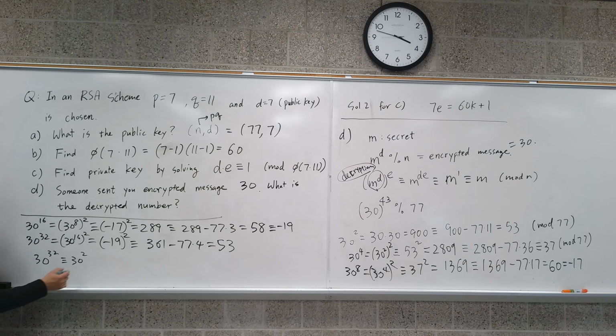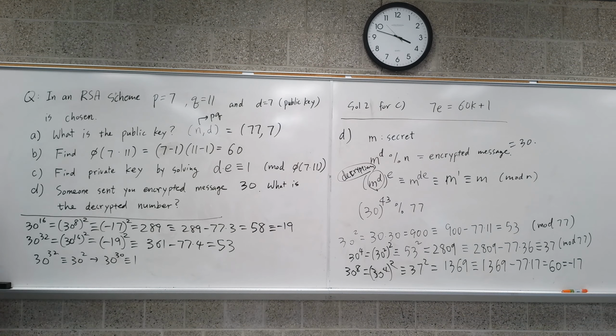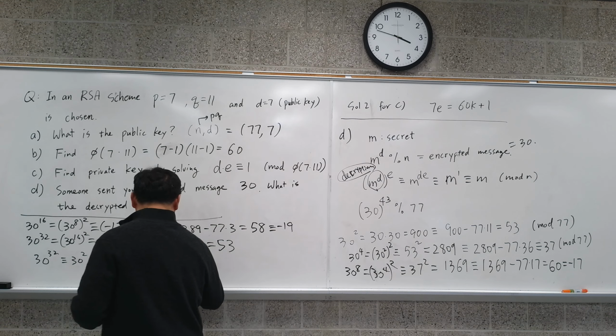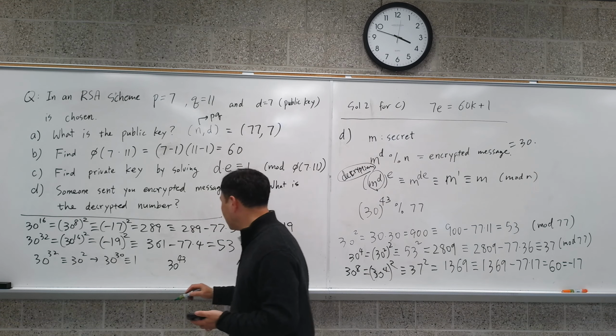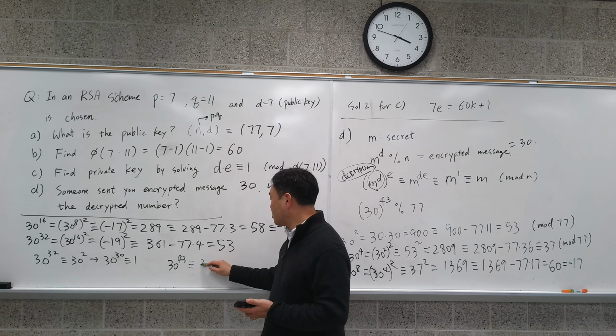And that means 30 to the 30th power is 1.